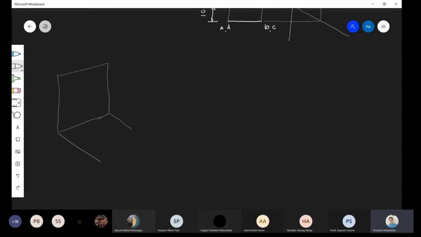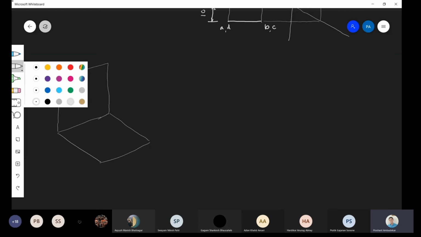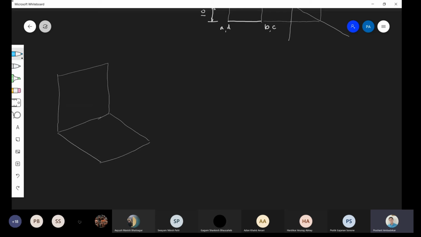So again, we are considering it in the first quadrant, and the object is a hexagon, which is something like this.